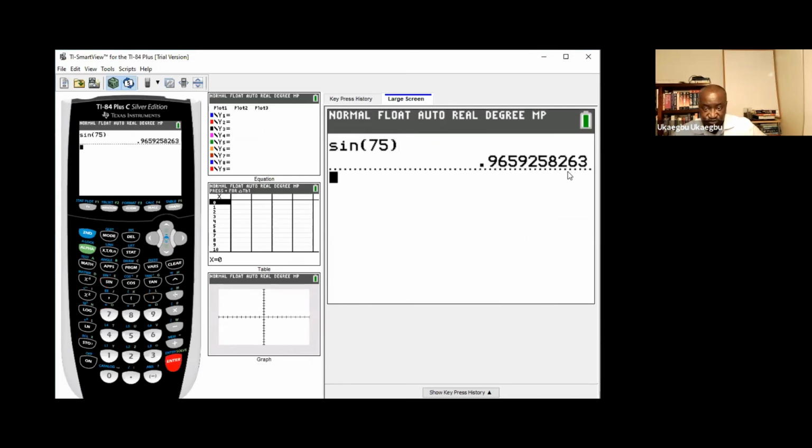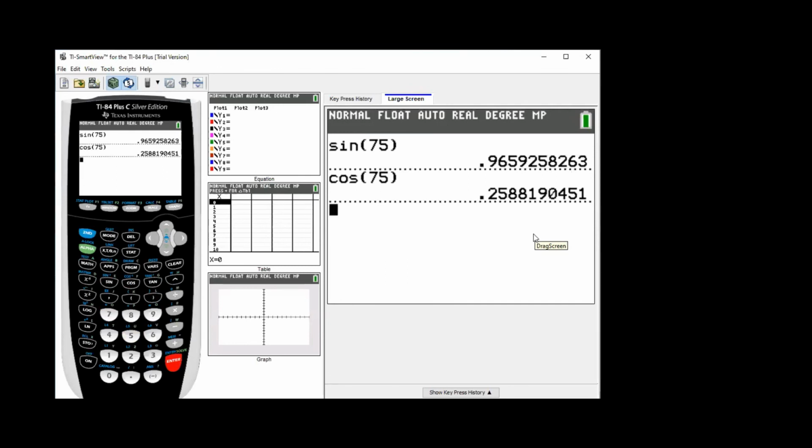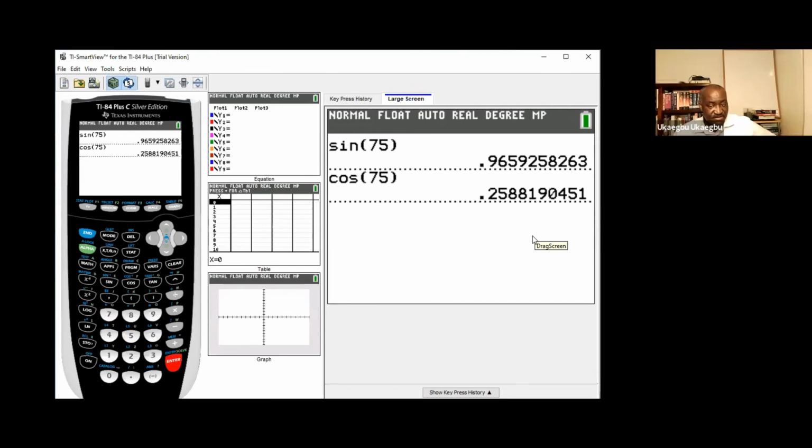You see what it gives you? 0.9659. Let's do cos 75 degrees. You see what it gives you? 0.2588.